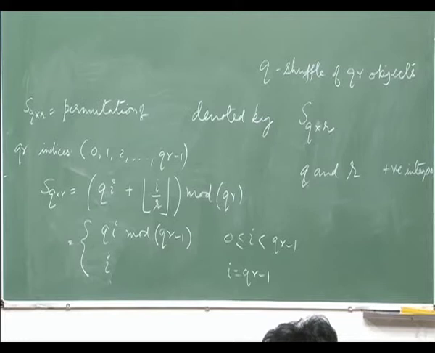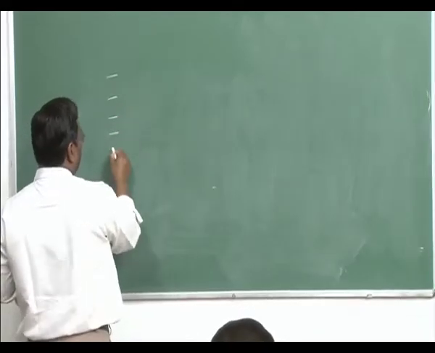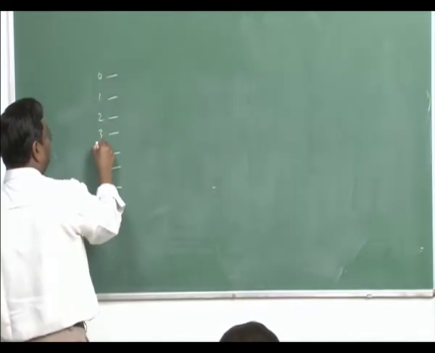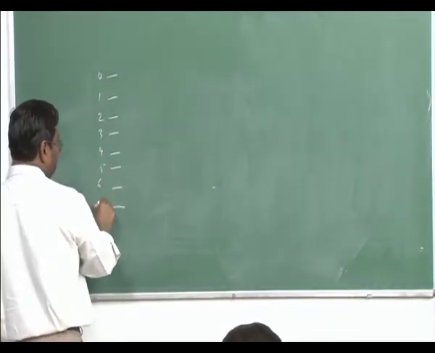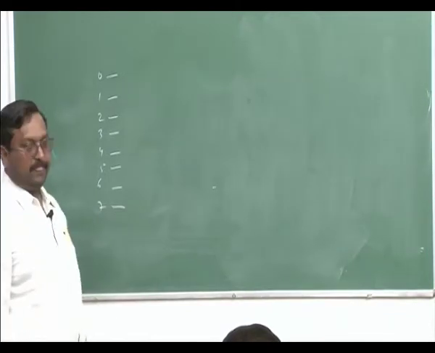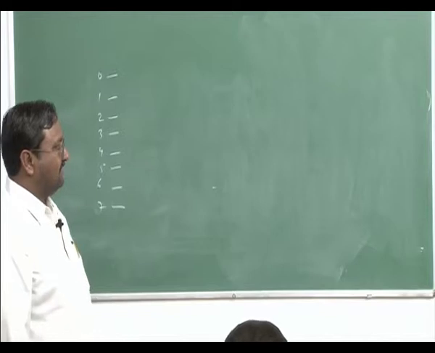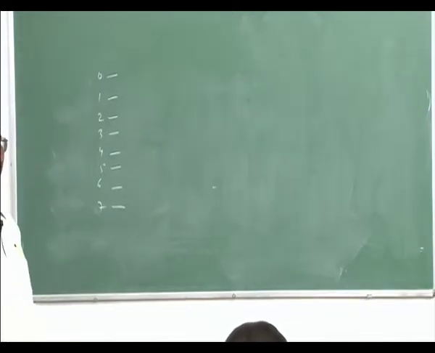So, for the 8 by 8, let me build up a 2 shuffle with this. Okay. So, 1, 2, 3, 4, 5, 6, 7, 8, numbered from 0, 1, 2, 3, 4, 5, 6, 7. We will do with the first formula first. Q into R is 8.